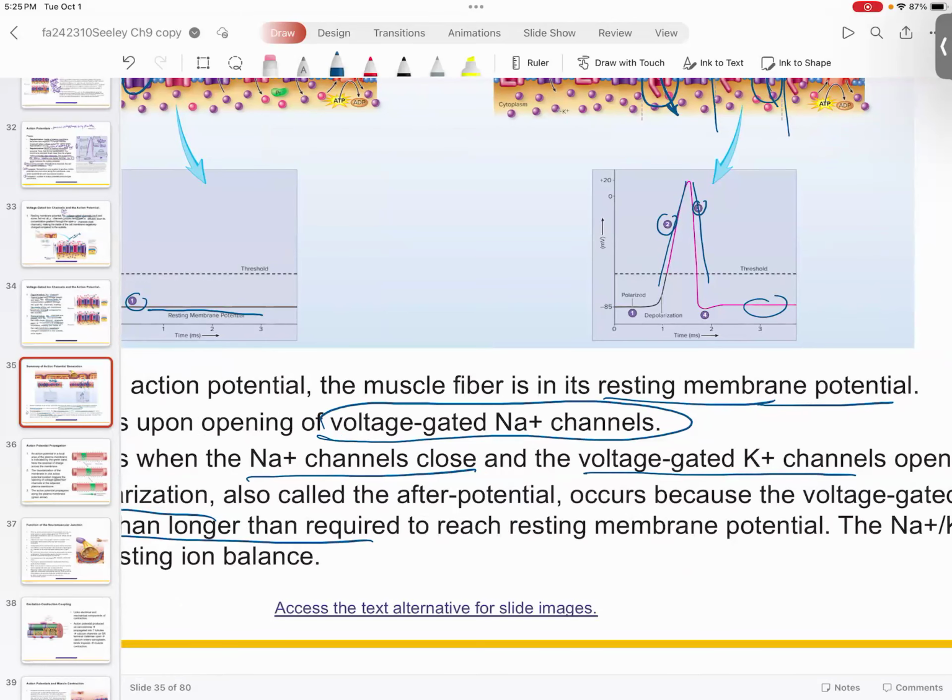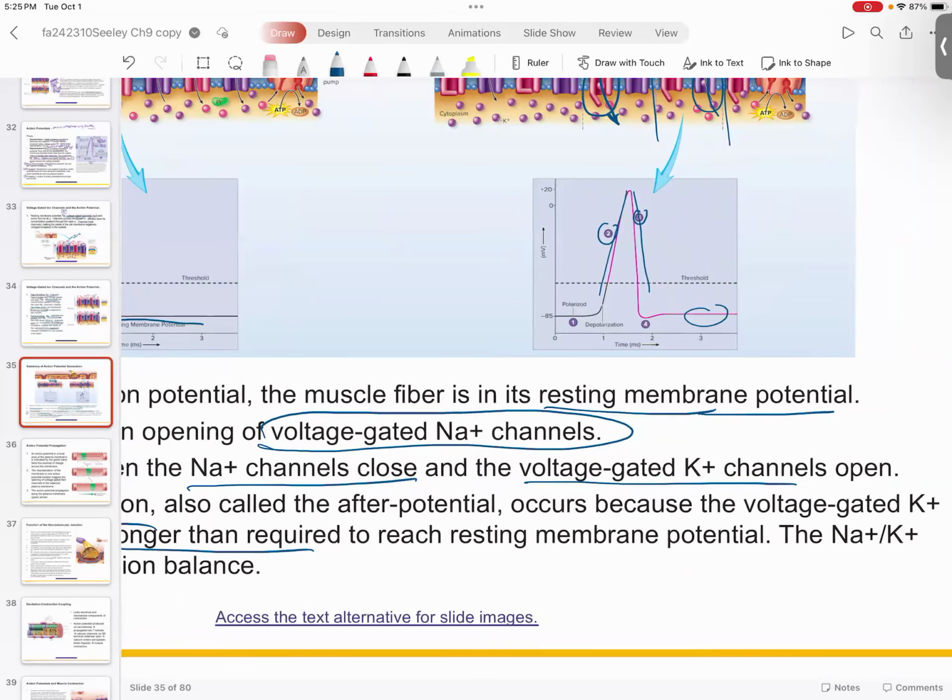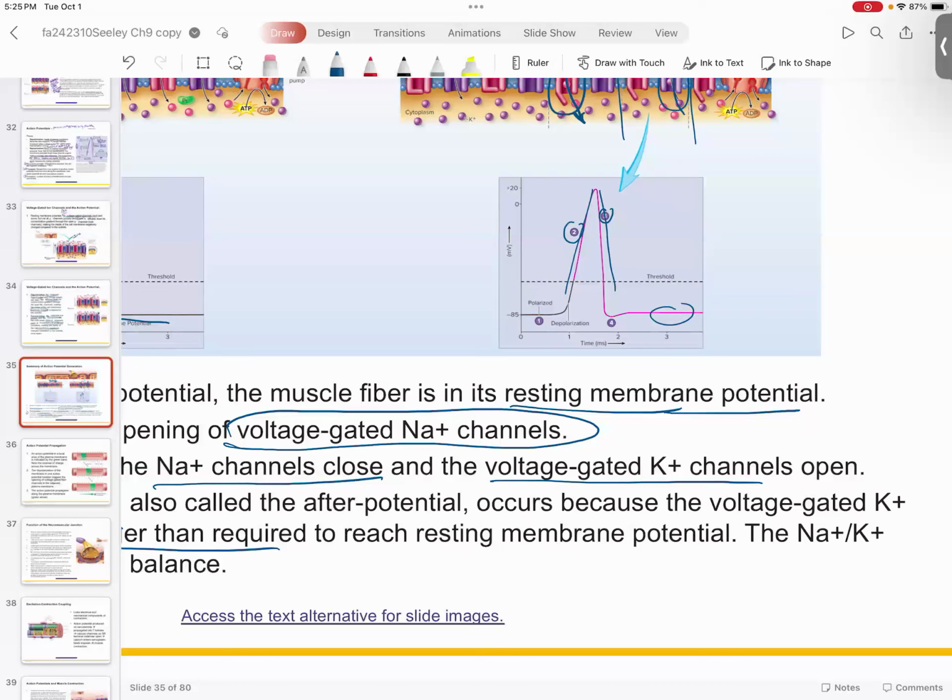So you have persistent potassium channel opening. And so basically it kind of overreaches our resting membrane potential. So this is hyperpolarization. This is essentially due to persistent potassium channels being open.